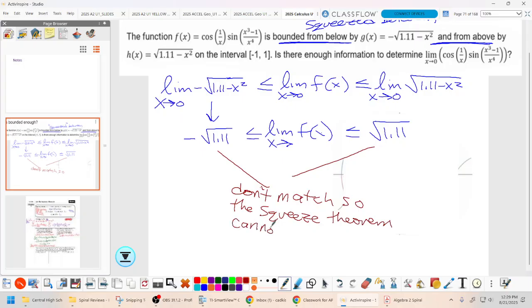Let's use that language. Because the gap is too big. So our function is passing through there, but we don't know what it's doing as it passes through because of this too big of gap. It's not pinched together tight enough, maybe we could say. Okay, so this cannot be determined. Limit as x approaches 0 of f cannot be determined.